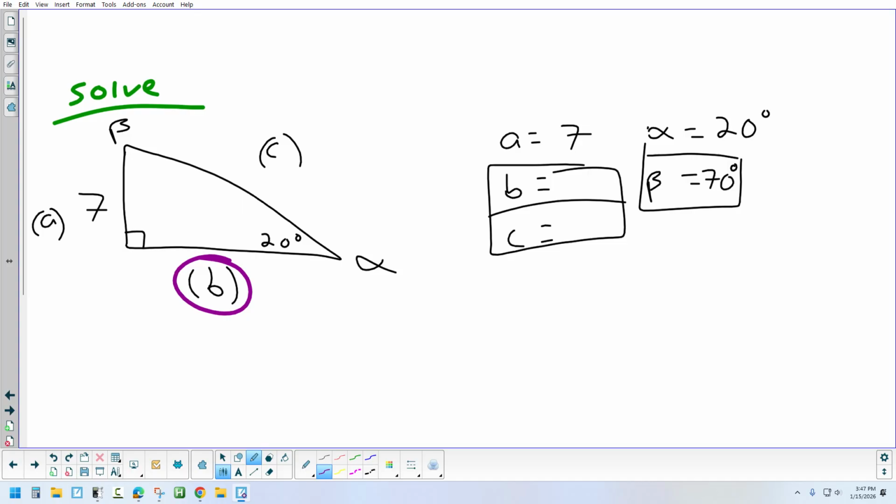We're going to use alpha because it's the given. And one other piece of information that I need to use. Travis? The 7. Right. Always use both things that were given and then choose what you're trying to find.